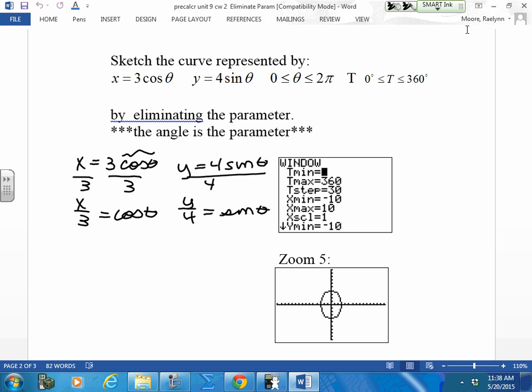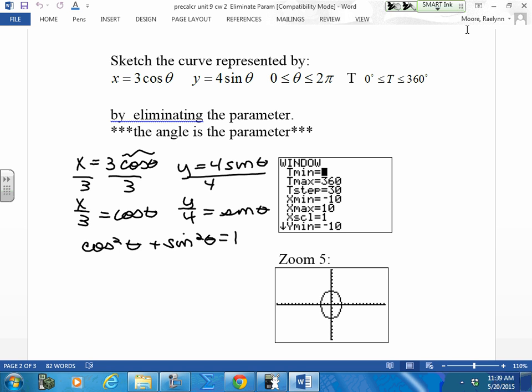Now, thinking back to trig, to sine and cosine, the one identity that we always used and we had to remember was sine squared plus cosine squared equals 1. So if we use this identity, doesn't matter what trig we added in, and we plug in the pieces now, we should be able to get some kind of a rectangular equation.